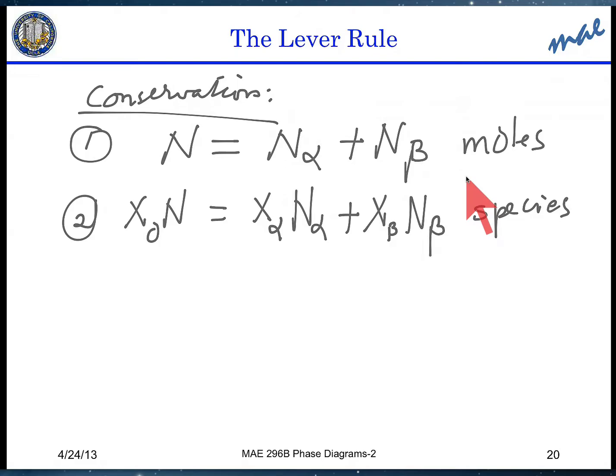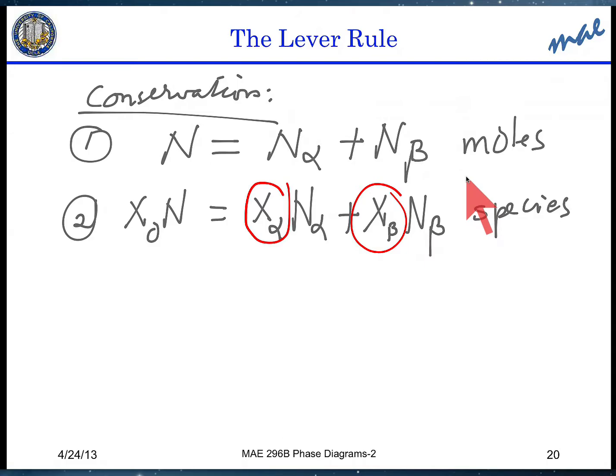Now the solution of these two equations should give us the unknowns. So these are two equations in two unknowns, and the two unknowns that we are looking for are n alpha and n beta.